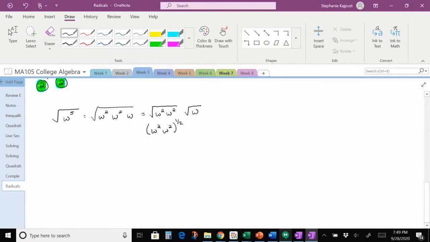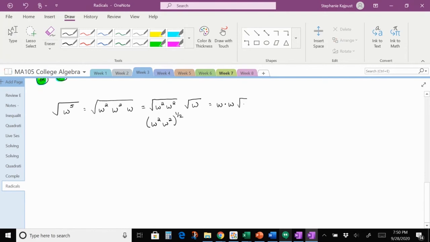And our rule is when you have something with exponents inside and an exponent outside, you distribute it. So each w squared, that 2 is going to be multiplied by 1/2, leaving a w. So the square root of w squared times w squared leaves me a w times w.